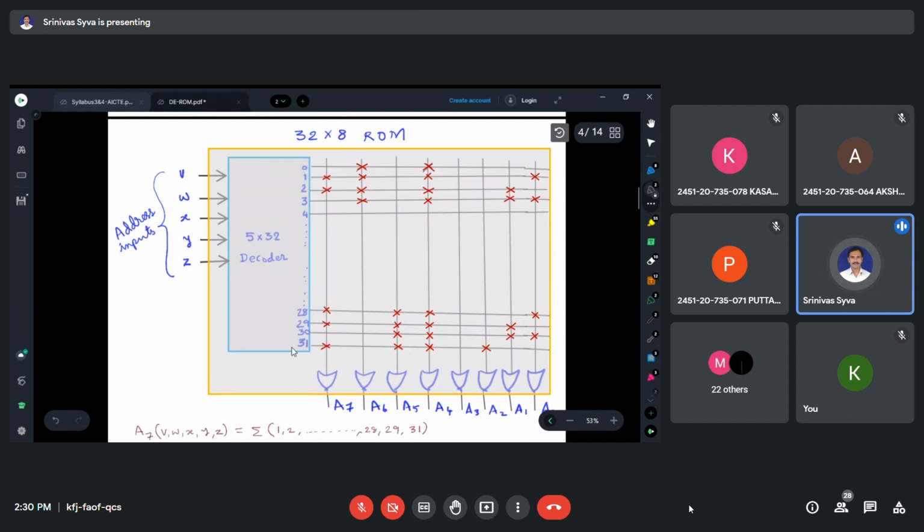What we are seeing is the internal diagram. Between the decoder outputs and the OR gate inputs, we have connections. Here we have 256 connections, and at every connection we have one fuse.